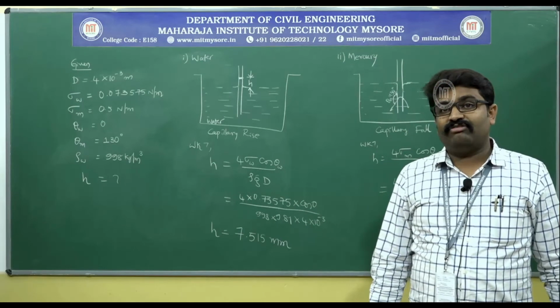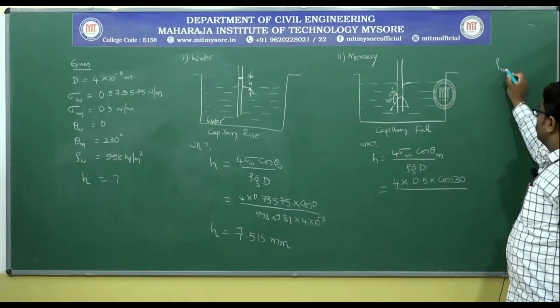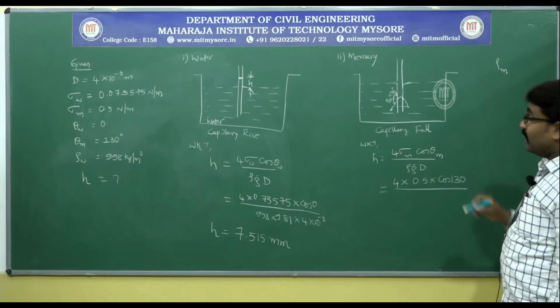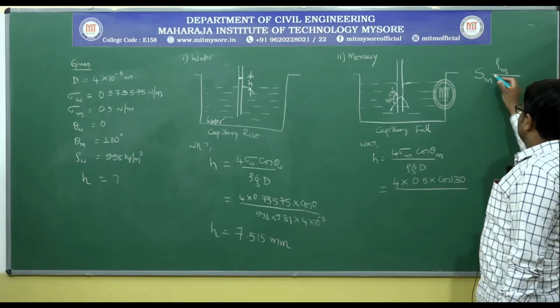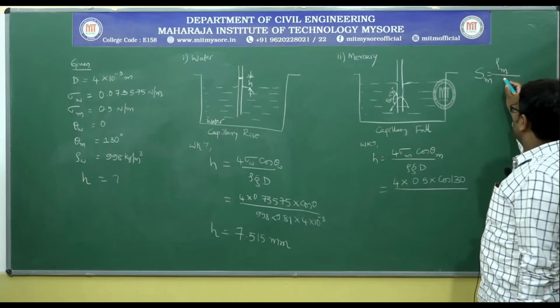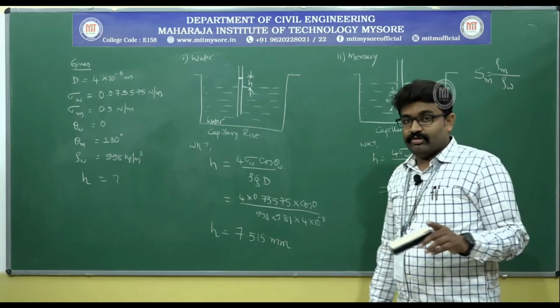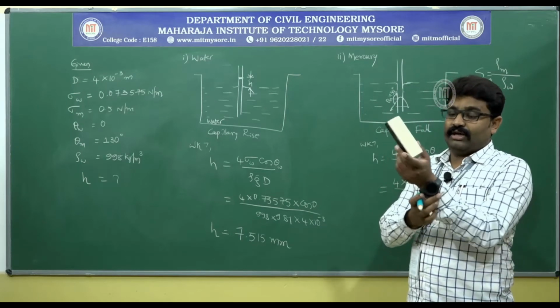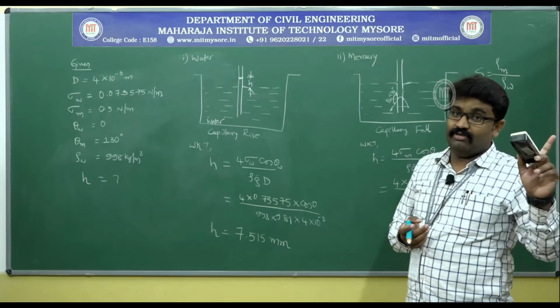How do I get the rho of mercury? So, I will do it here. Rho of mercury, if you have to get it, what you will have to know is the specific gravity of mercury. So, specific gravity of mercury is equal to rho of mercury by rho of water. Please do not get confused. He says the density of water is 998 kg per meter cube. That is not the standard value.